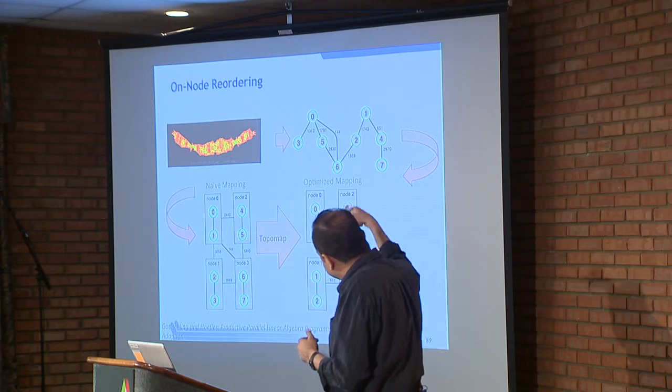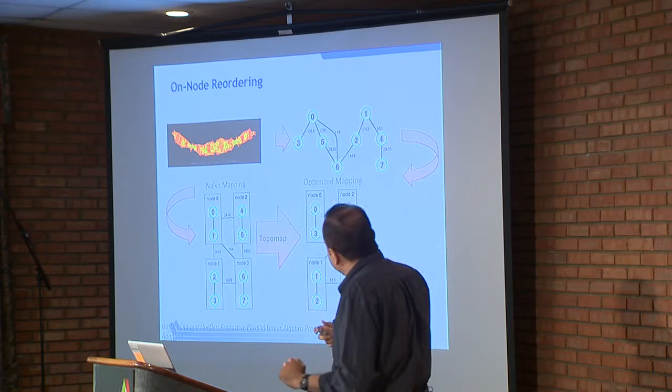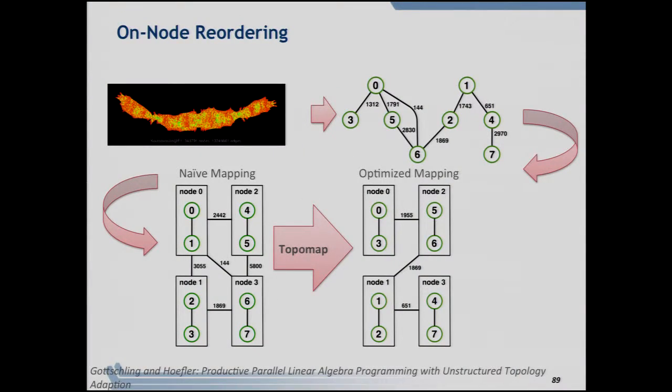So the number on the edge represents the amount of communication in some way. So you have this kind of communication pattern where 0 is communicating with 3. 0 and 1 are not directly communicating in this case. So if you launch the job with just 0 and 1 next to each other, it's not useful because they're not communicating. The communication is happening amongst other pairs of ranks.